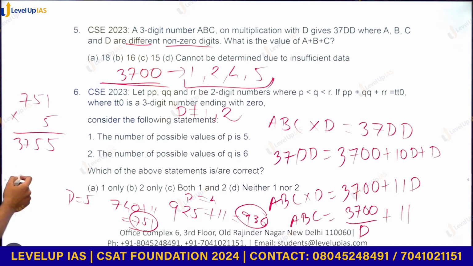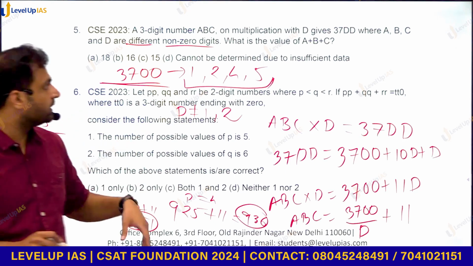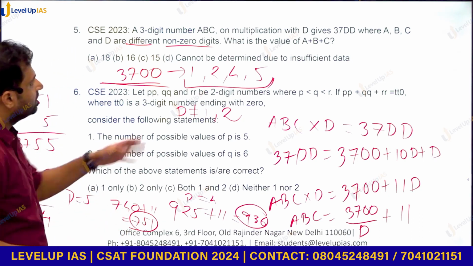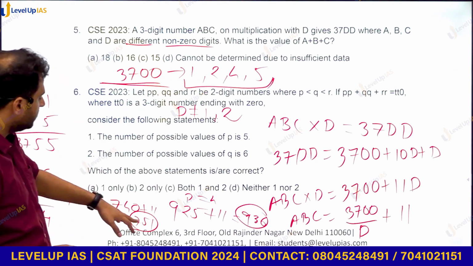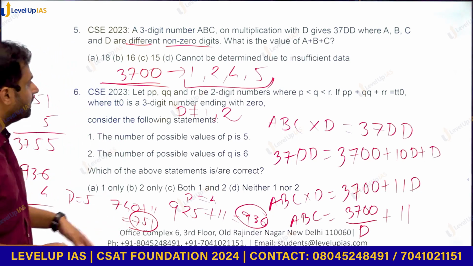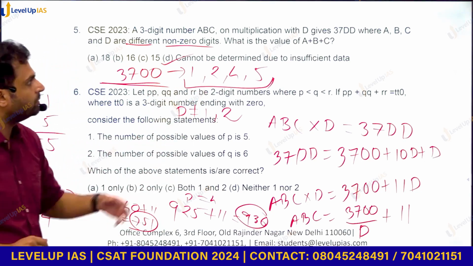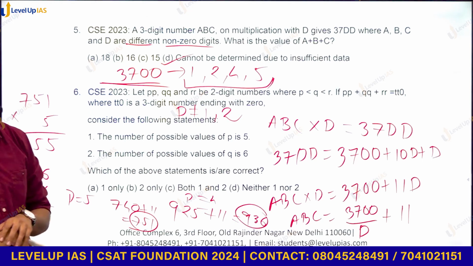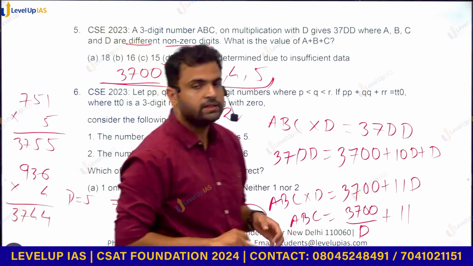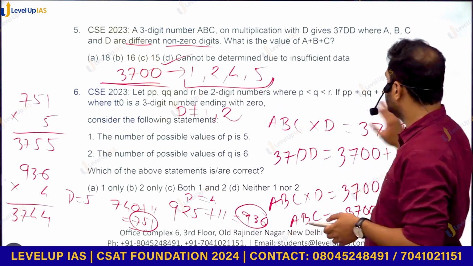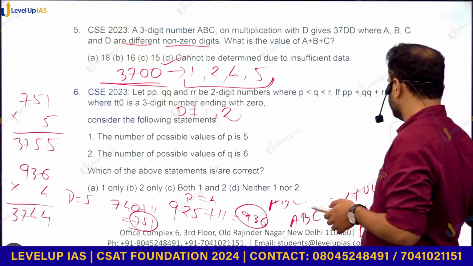And if abc is 936 and you multiply it by 4, in both the cases we can get the answer, but in this case a plus b plus c is 18, and in this case a plus b plus c is 13. So it cannot be determined because there are multiple possible answers. Even though there is 18 in the options, you cannot determine the answer. That is the thing.